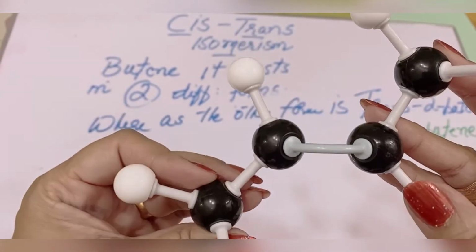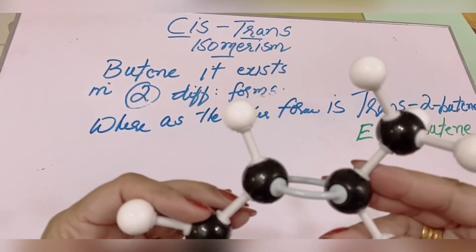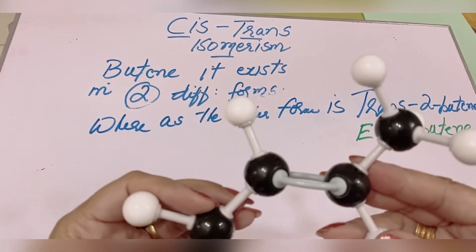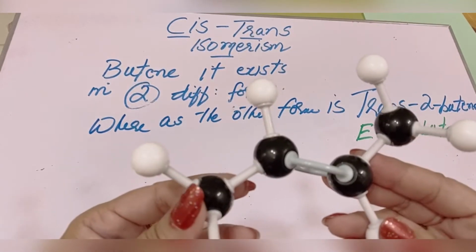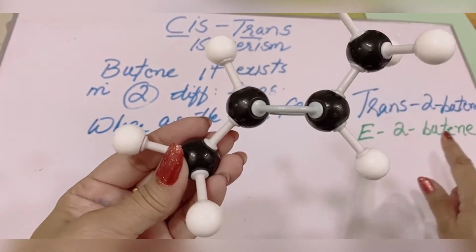So this is called trans-2-butene, and it has a lower boiling point, right? It is also called E-2-butene or trans-2-butene, which is this one.